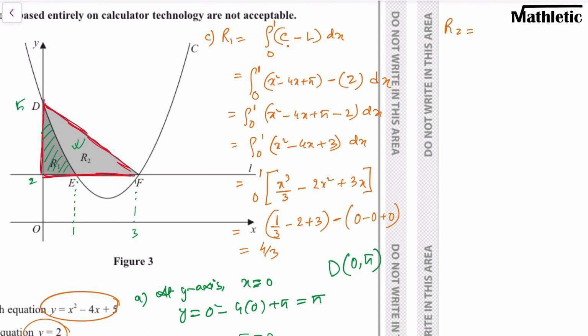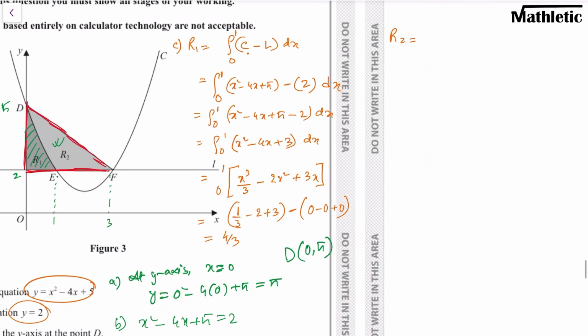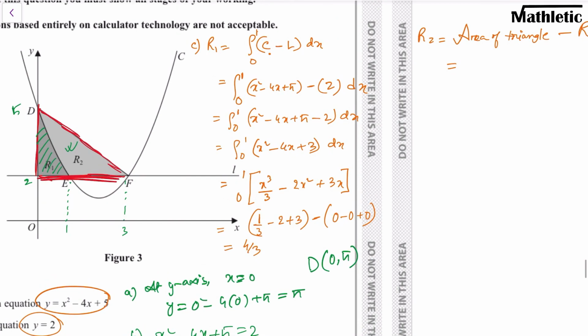So R2 is the area of the triangle minus R1. The base of the triangle is this distance, which is 3. So half into base into height, half into 3 into height. The height is this portion, which is 5 minus 2, this is at a level of 2, this is at a level of 5. If you deduct this, you get 3. So height is also 3.